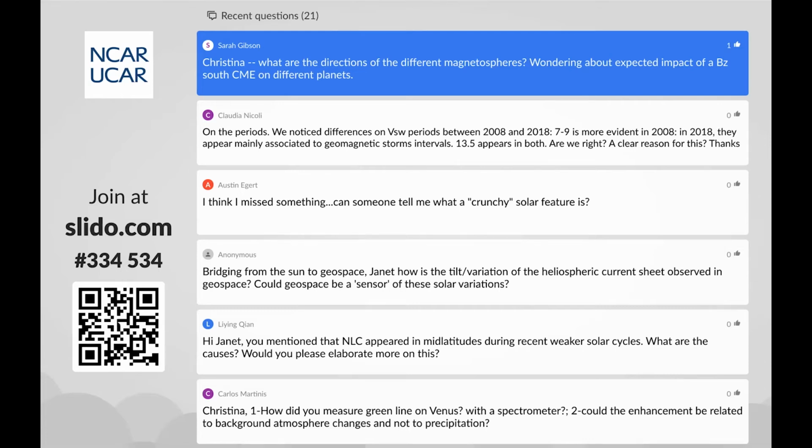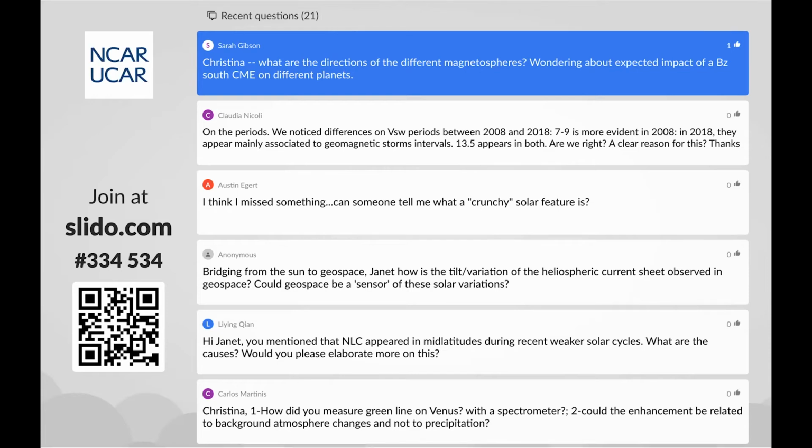But a southern BZ has a very strong effect. So if you have a CME with that configuration at Mercury, it would really show a strong impact on the planet. And as Christina said, at Jupiter and Saturn, the dipole is flipped the other way. So you really probably wouldn't see much for a southward IMF or CME impacting the planets there, also because those magnetospheres are more internally driven.